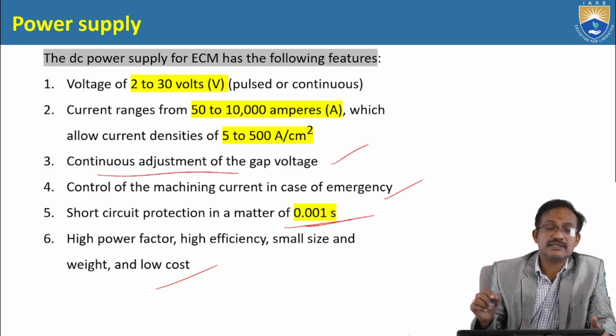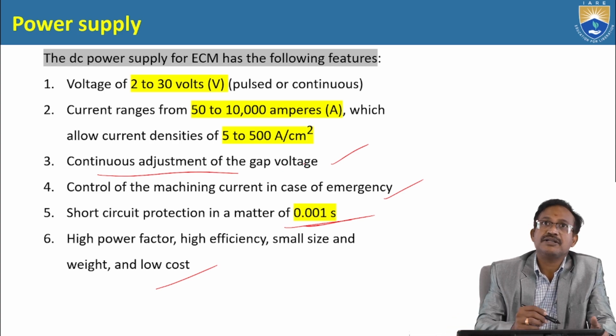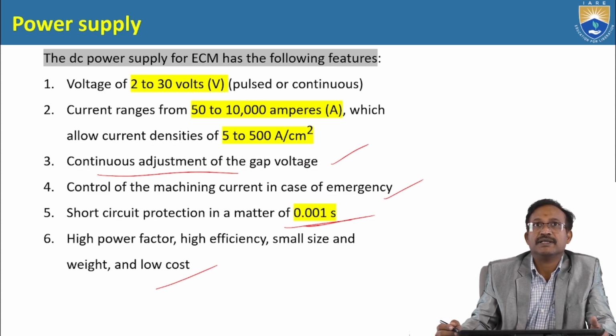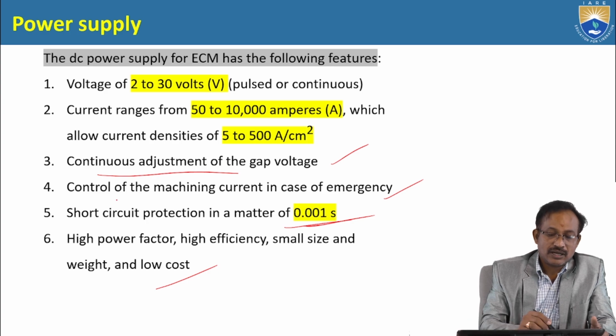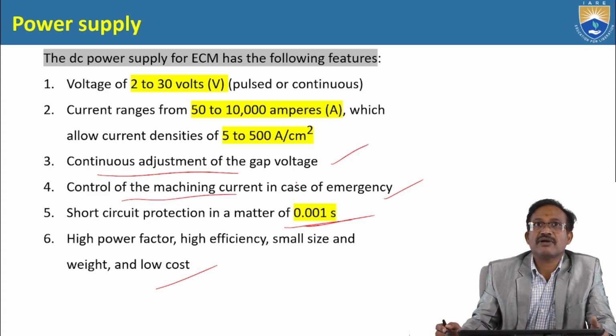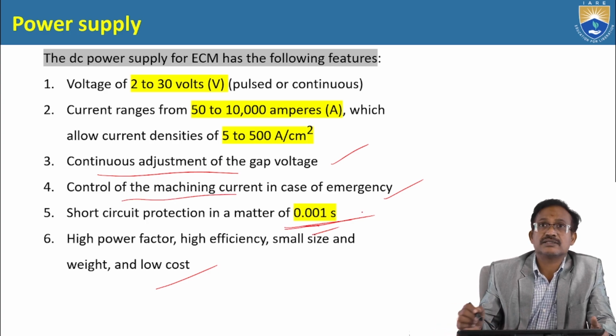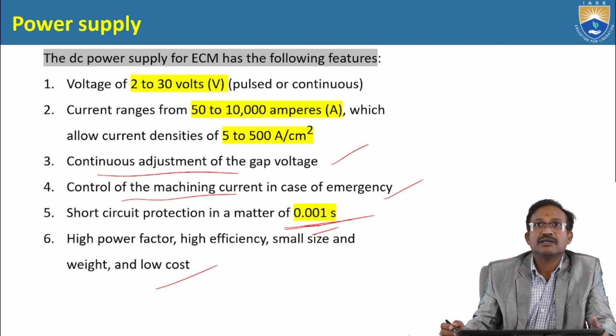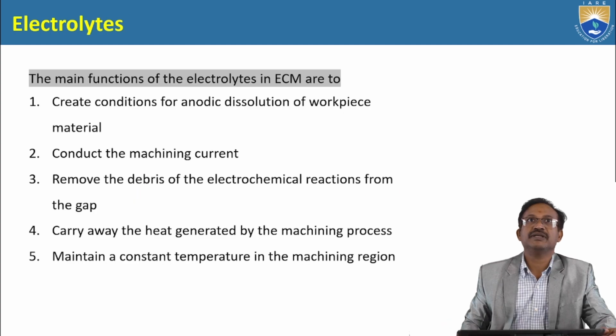And regarding the gap, continuous adjustment of the gap voltage. Control of the machining current in case of emergency. And look at this time, short circuit protection in a matter of 0.001 seconds.